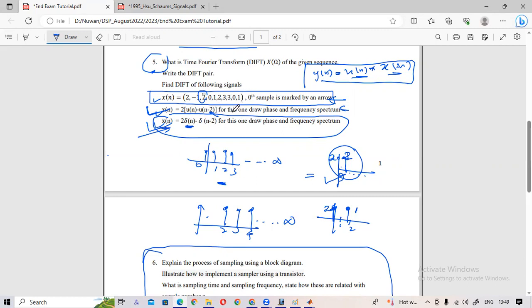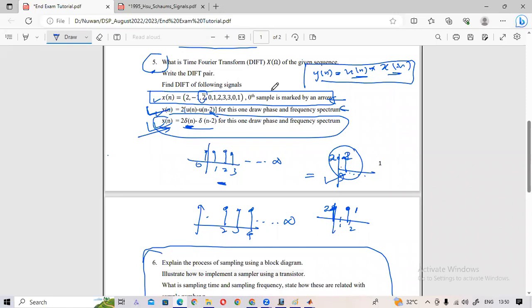You have to write those exponential terms and add them together, okay? Because there is a sum. So we will try to do this one, because the frequency spectrum also we can draw using this one. This kind of question you will not be asked to draw the frequency spectrum, because it may be hard, since you have to get the whole answer as one complex number.